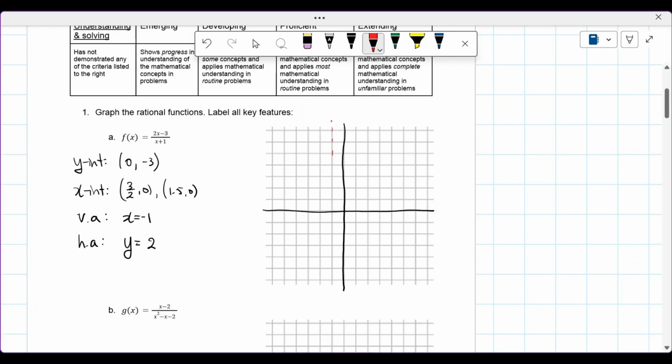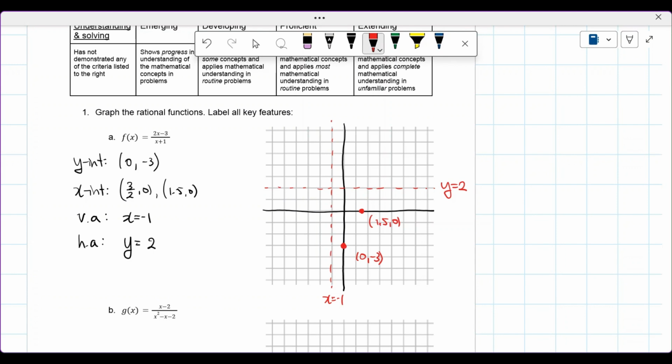X equals negative 1, labeled. Y equals 2, labeled. Y-intercept, labeled. And the x-intercept, labeled. So I've labeled all the key features.